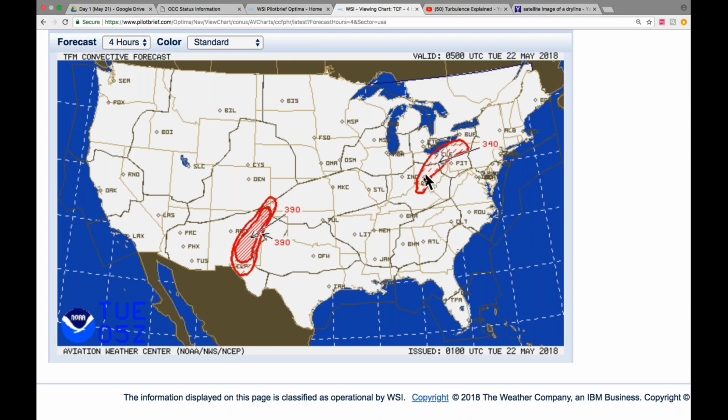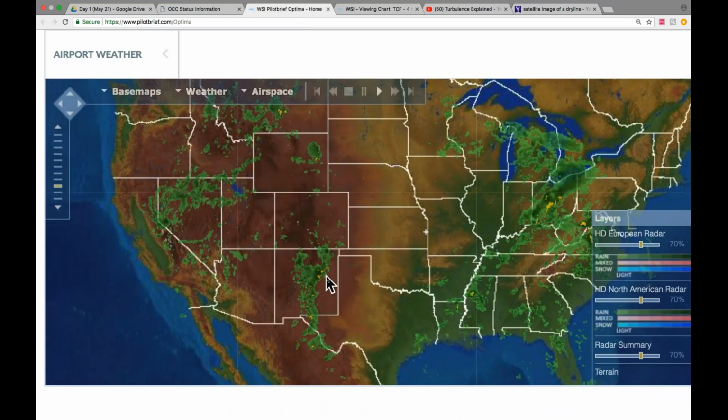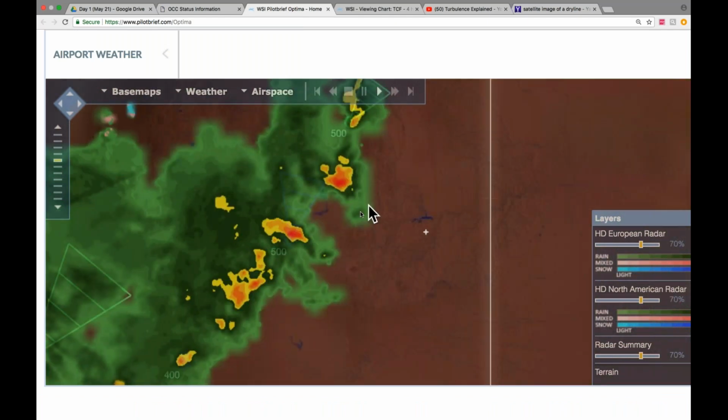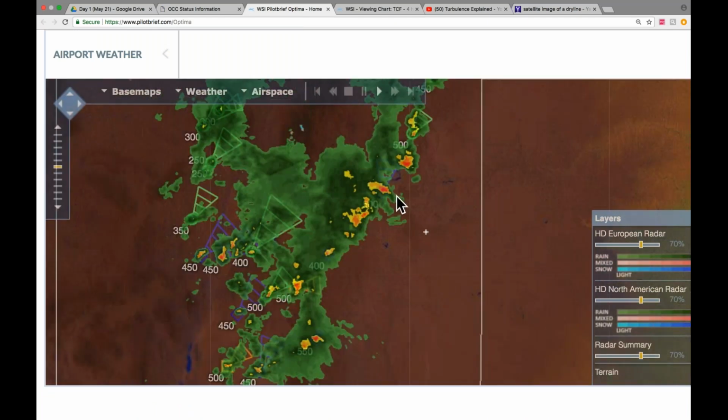When we see these little dashed lines, it's like a medium chance of a severe thunderstorm. But this is pretty much an imminent strong thunderstorm, and we can see that develop here on these charts.